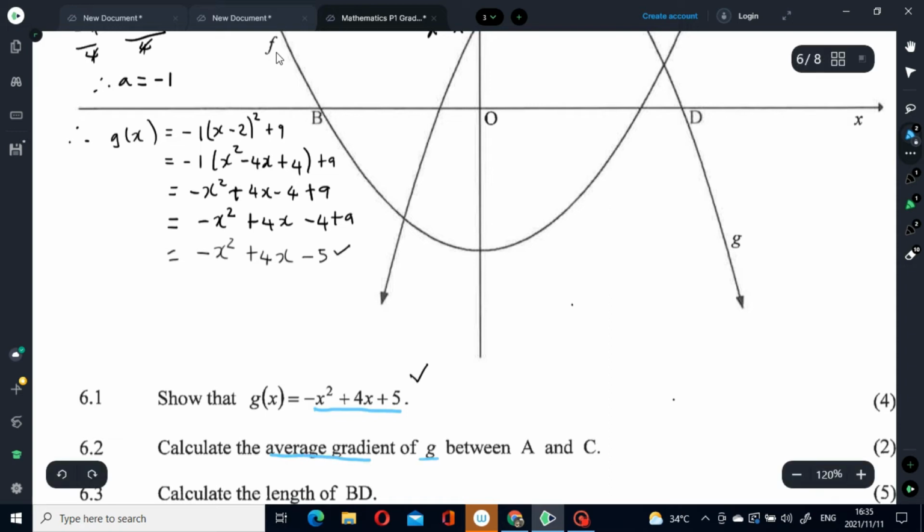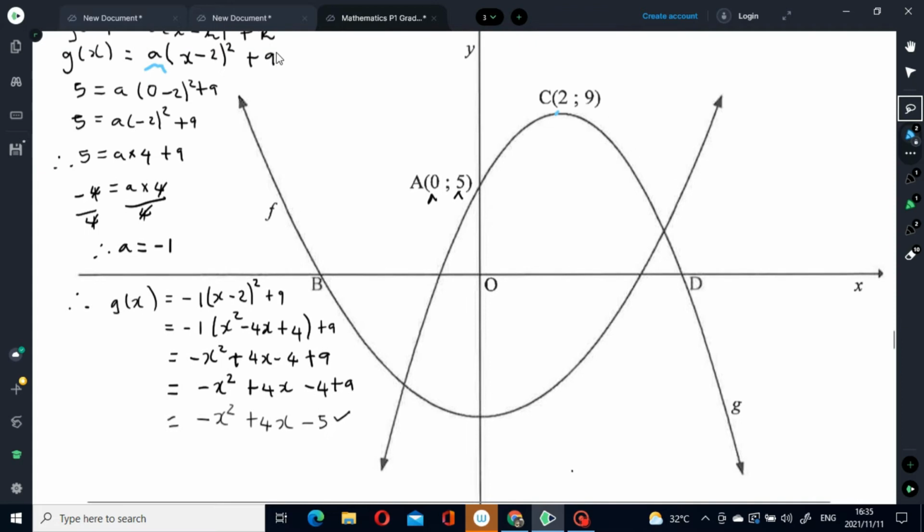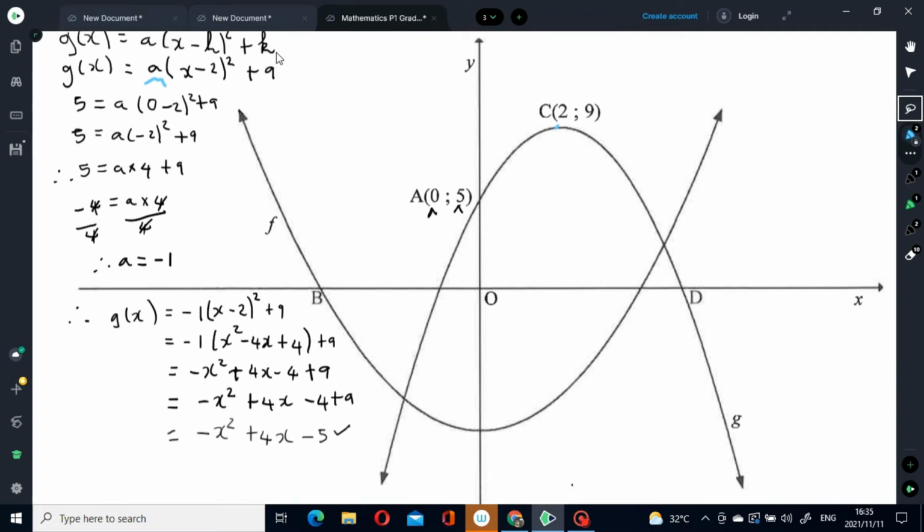It says find the average gradient between the 2 points A and C. And take note, the coordinates of those points are given. So basically, we need to find the average gradient, the line that joins the 2 points. So draw a line. Grade 11s, don't be hesitant. Do as much rough work as possible.